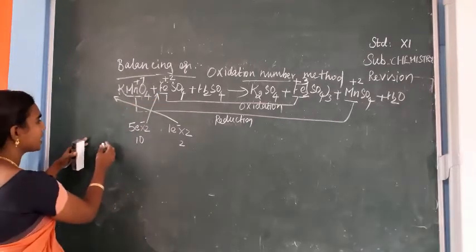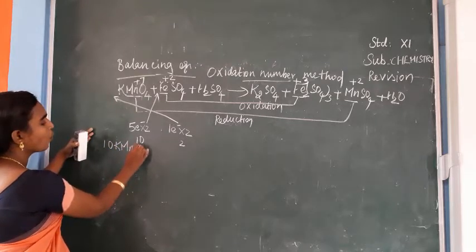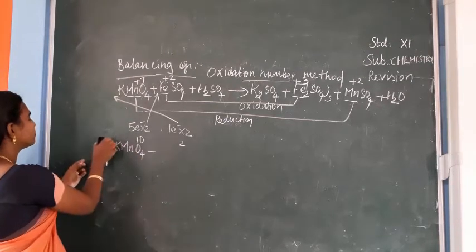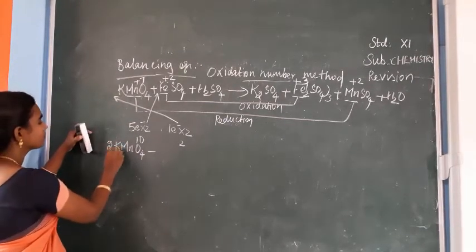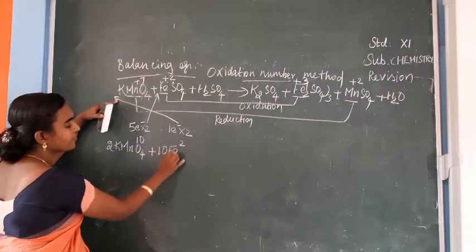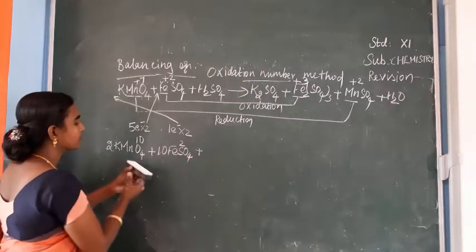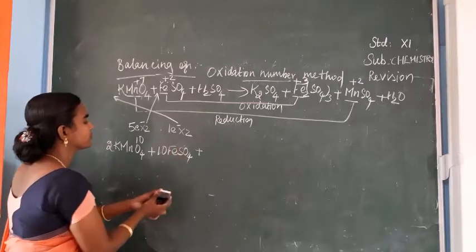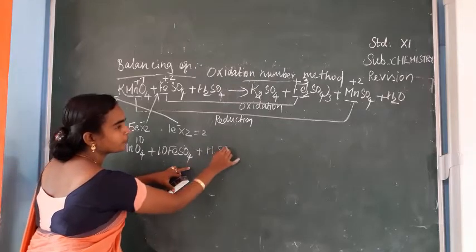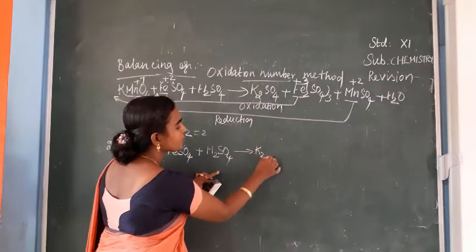We can write like this: 10 KMnO4 plus 2, plus, this 10 should be here, so 10 FeSO4, plus H2SO4, gives K2SO4.